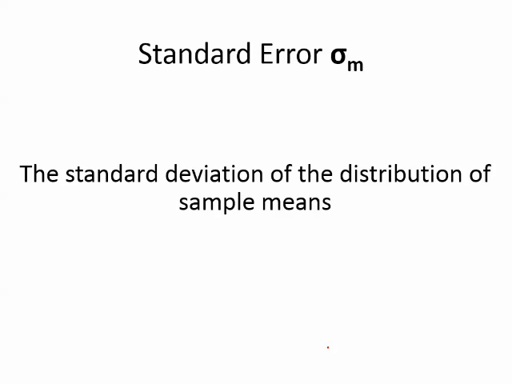So our estimated standard error is basically what we consider the standard deviation of this distribution of sample means. In chapter 6, we had a standard deviation for our raw scores. And just like that, our standard error is the standard deviation for this new distribution of sample means that we created.